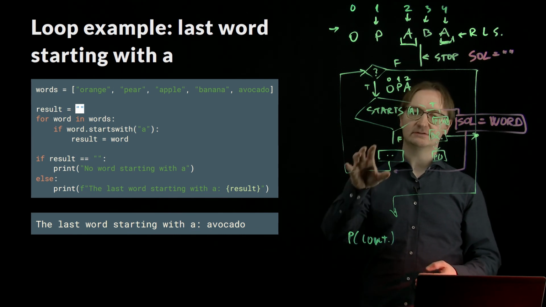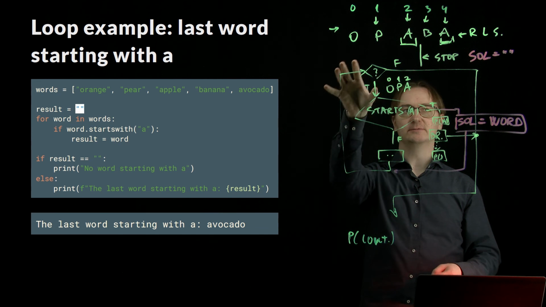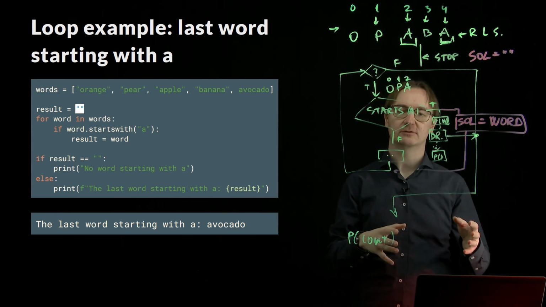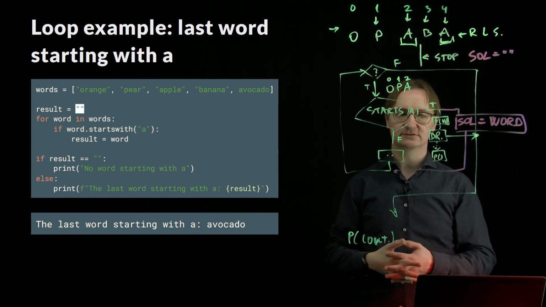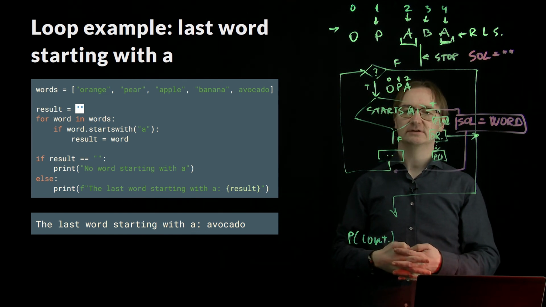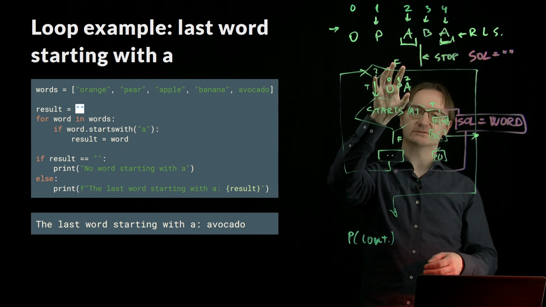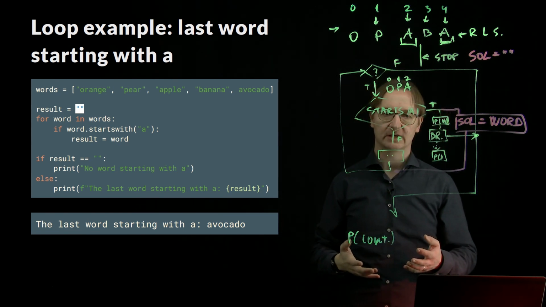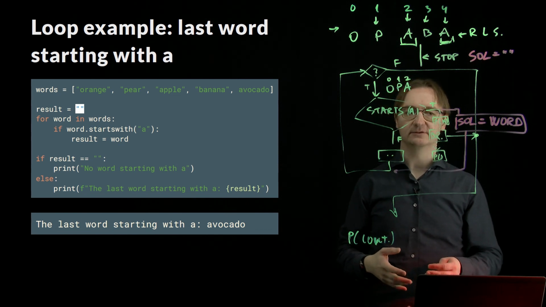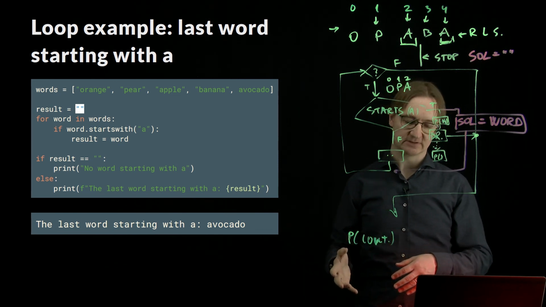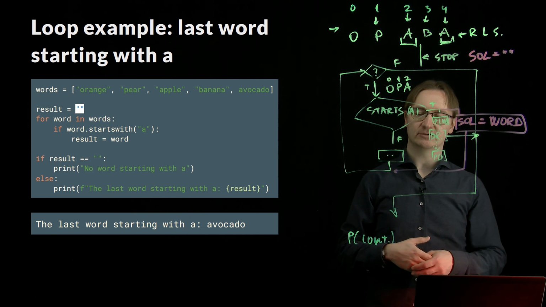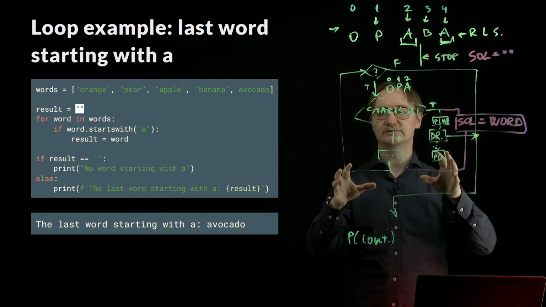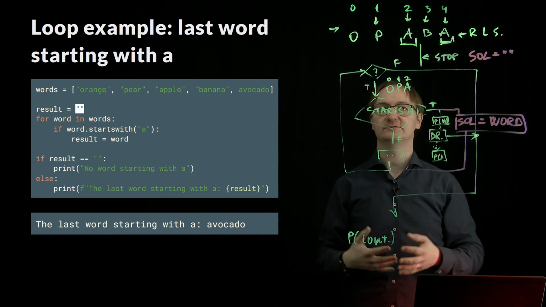So we saw different ways to operate with a list of words. We found the first and the last occurrence of a certain string. In our case, we wanted to find the first or the last one which starts with A. And we were able to do that using break in certain cases, but in some cases you cannot use break. So first you have to understand how the problem is solved and how you would yourself solve the problem.